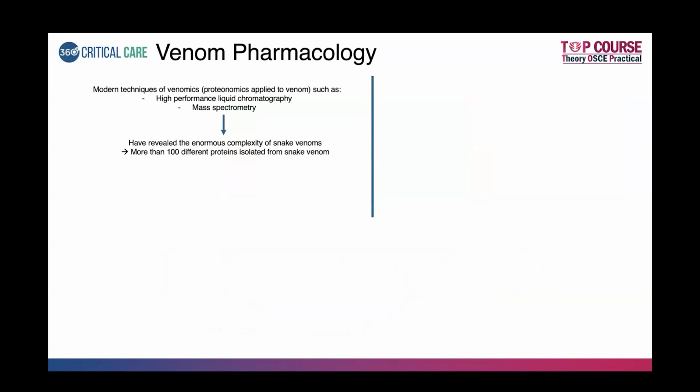Why this is important is many of the clinical features that occur following snake envenomation have been attributed to these enzymes. The identified components and physiological sites of action of snake venom determine the spectrum of clinical features commonly seen after the snake bite. But from an exam perspective, it's good to know about at least 7 to 8 of them.